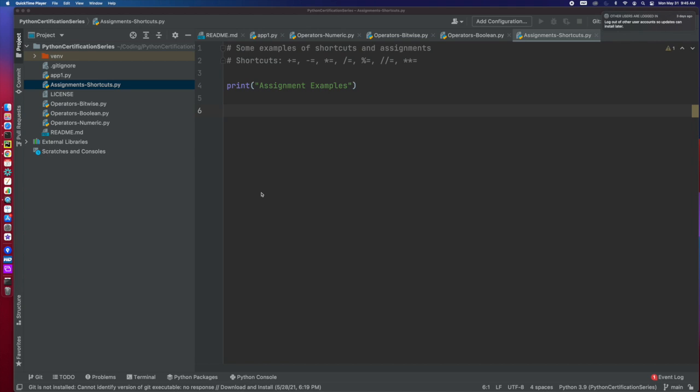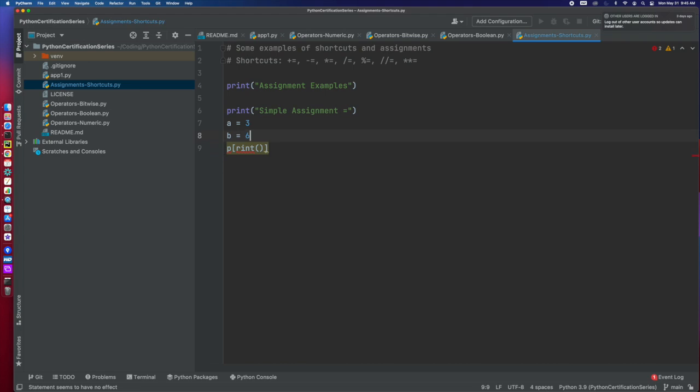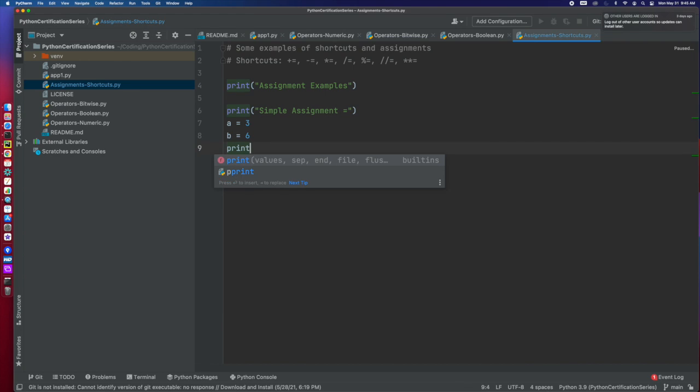So the first one we've seen is simple assignment, which is equals. So we can do a equals 3, b equals 6, and then we're going to print b.